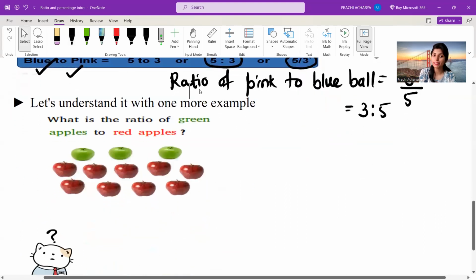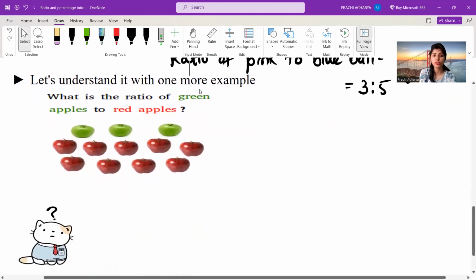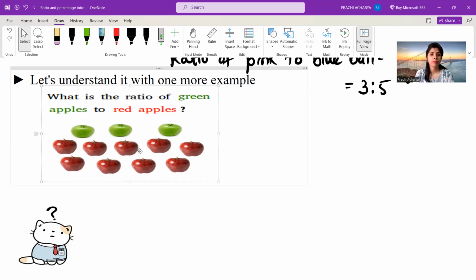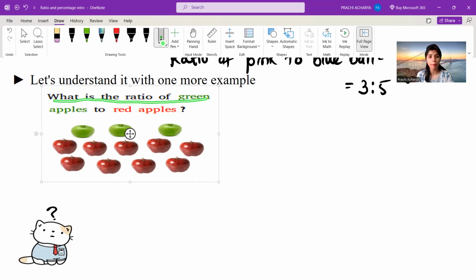Now let's take one more example. You also think like the cat is thinking about the example, fun of a part or part of a fun. Okay, let's read the question and try to find the ratio for the required thing. What is the ratio of green apples to red apples?